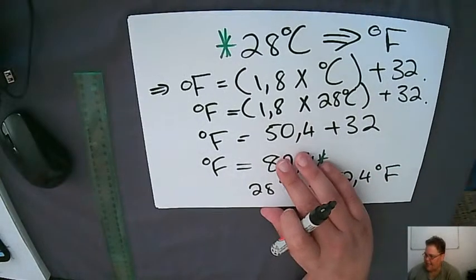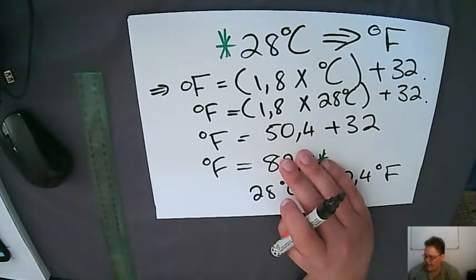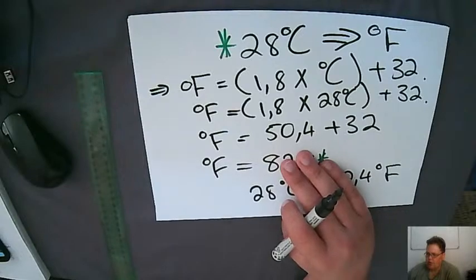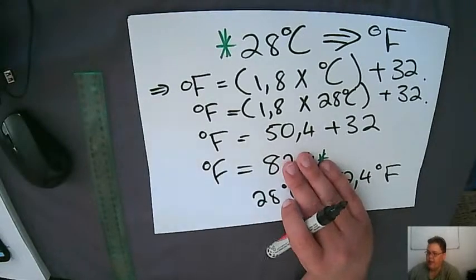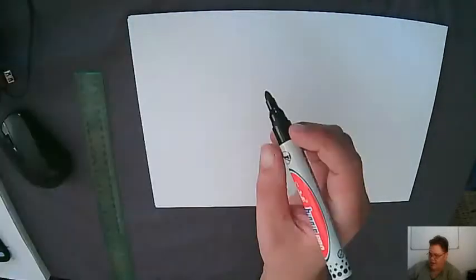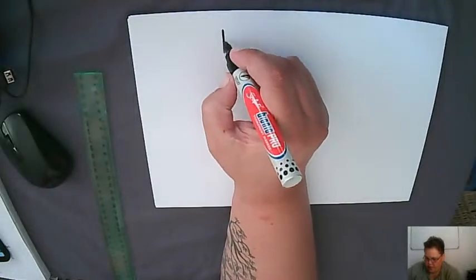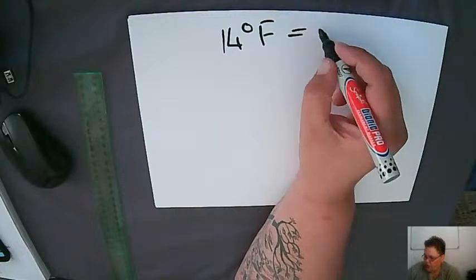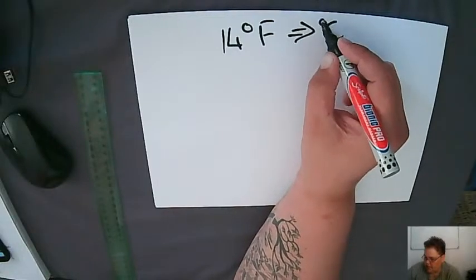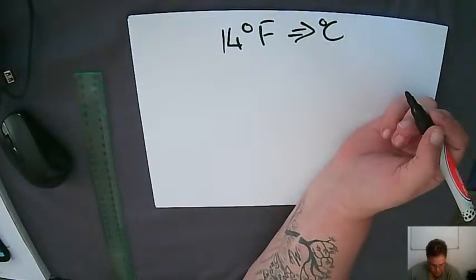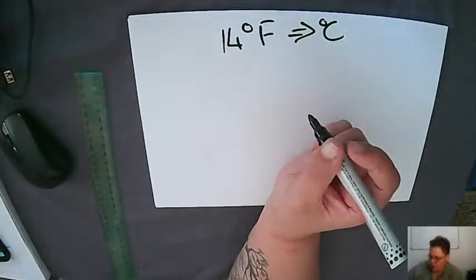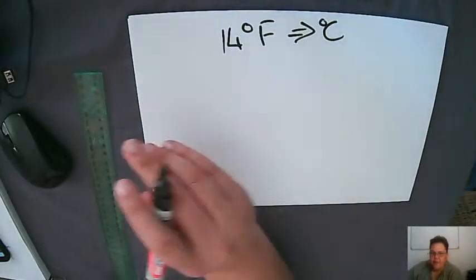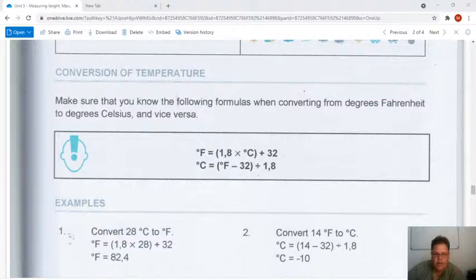I'm going to do another one, but this time I'm going to convert degrees Fahrenheit to Celsius. Okay, so I want 14 degrees Fahrenheit to Celsius. What is the formula here? If you look over here, that is the formula, the one that I asked you to write in your book.